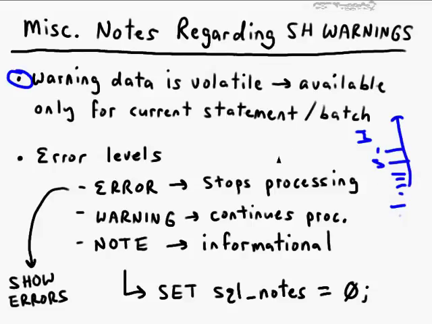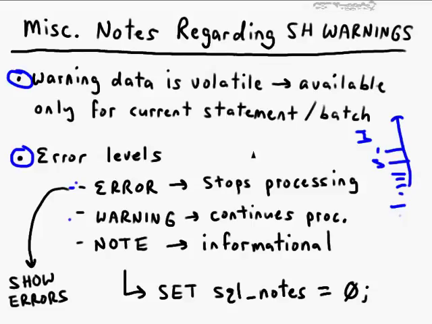So our show warnings data is very, very volatile. Be aware of that. Another thing, just to keep track of this, is your 3 error levels formally defined are either error, which deals with an event that will actually stop the processing of your command. The difference between an error event and a warning is that a warning will allow the event to continue processing as long as MySQL is able to do so.